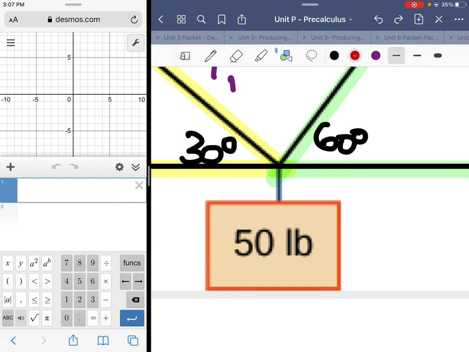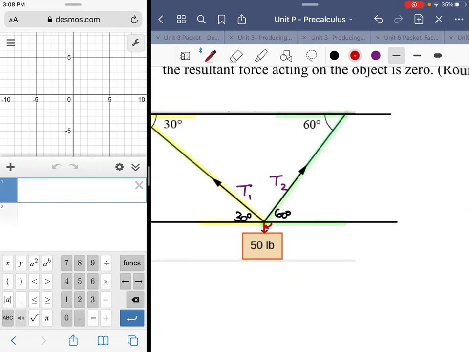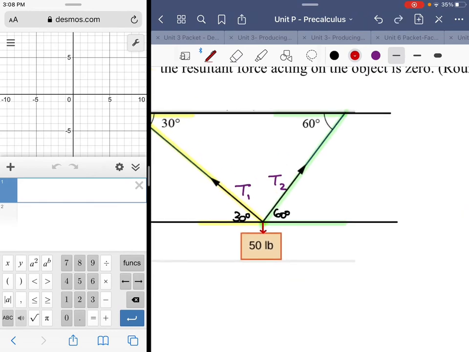All right, so then it's hard to see, but we also have an angle that's going in the downward direction here from the horizontal, that new horizontal that we just manufactured, corresponding with that 50-pound weight. And that's a 90-degree angle if you're going backwards from the horizontal.